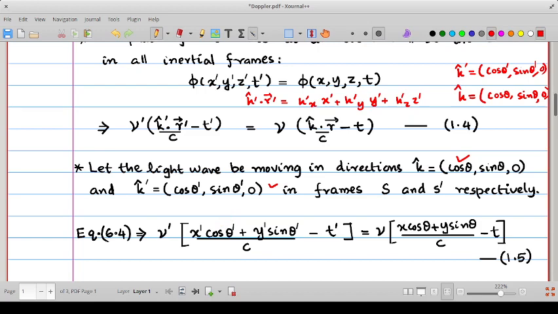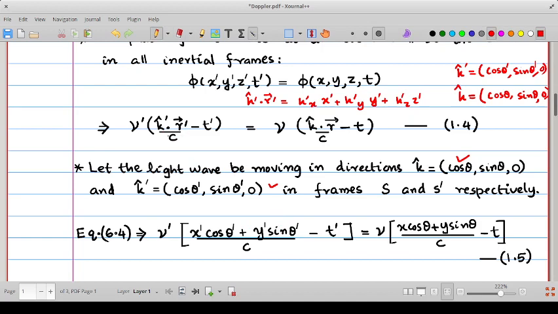The second term is k'y, which is sine theta' times y'. And the third term is k'z, which is 0 times z', and that is 0. So k' dot r' becomes x' cos theta' plus y' sin theta'.